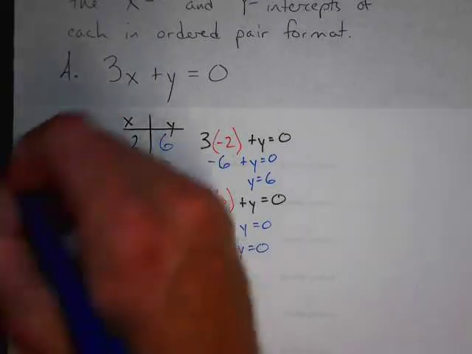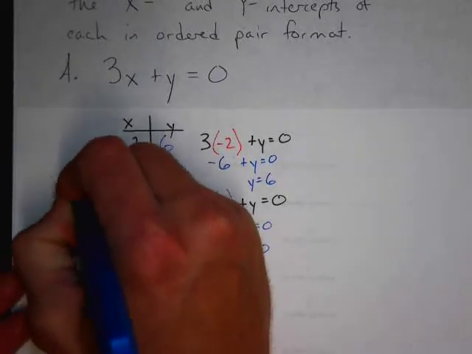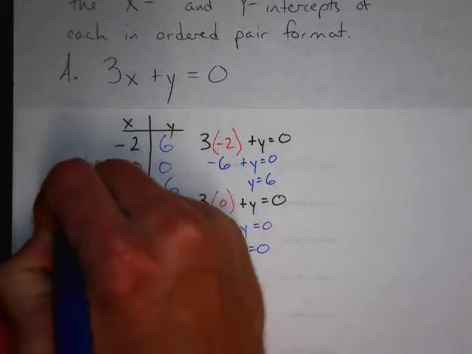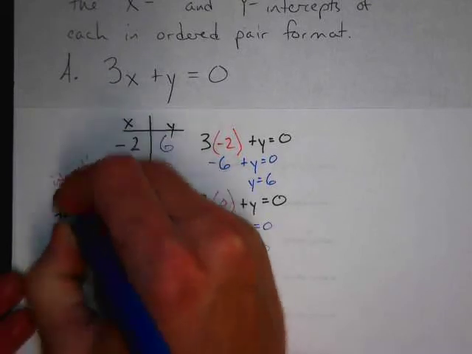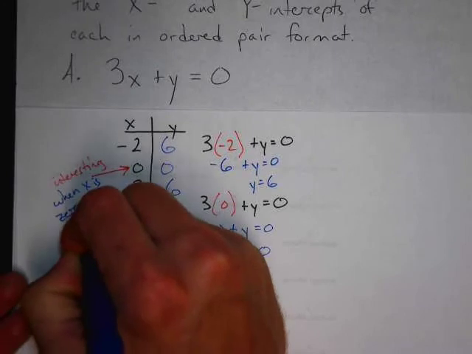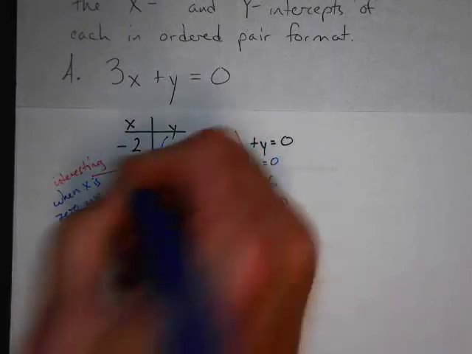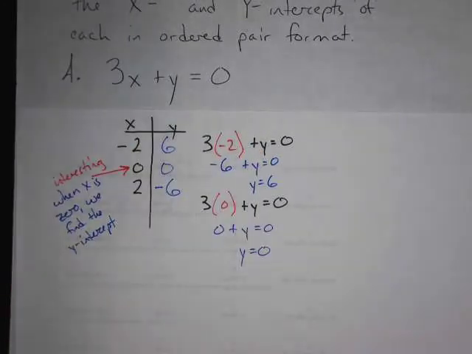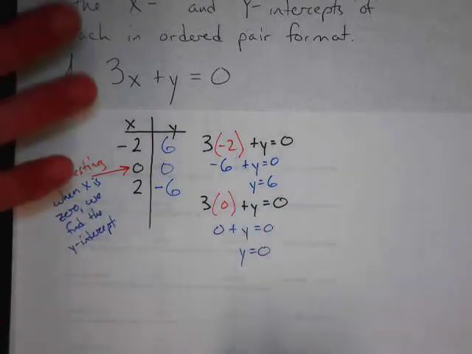So when x is 0, we find the y-intercept. How cool is that? I think that's pretty cool. You should too. Remember, if you're bored, it ain't this. This stuff is awesome. You're the problem. Anyway, so that's what's interesting. If x is 0, we find the y-intercept.